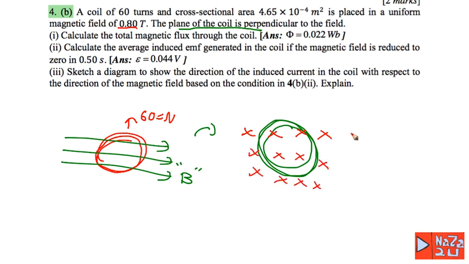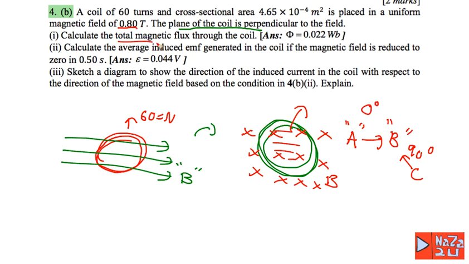So the angle between the coil and the magnetic field B is 90 degrees, but the angle between the area A and B is 0. So the question number 1 is the total magnetic flux.